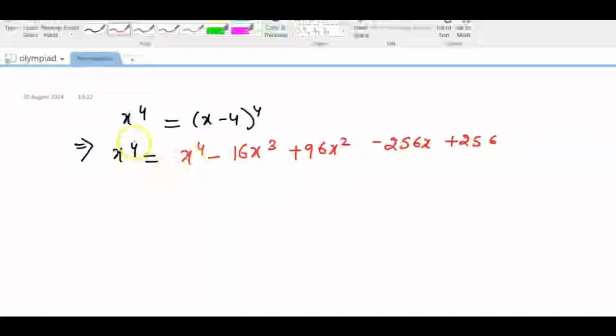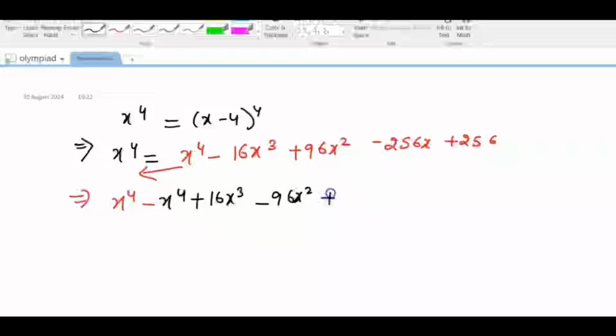Now we can cancel out these two, or we can just move all the terms to this side. So we'll get x to the power 4 minus x to the power 4 plus 16x cube minus 96x square plus 256x minus 256 is equal to 0.